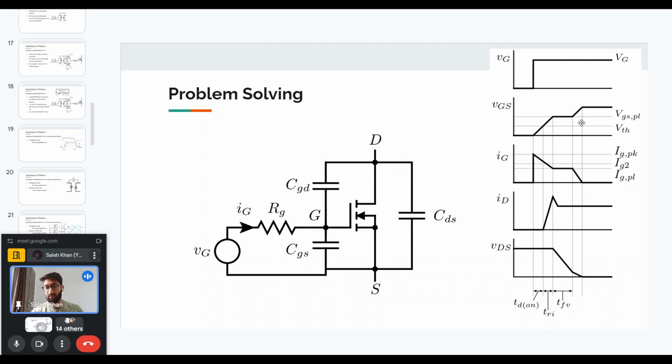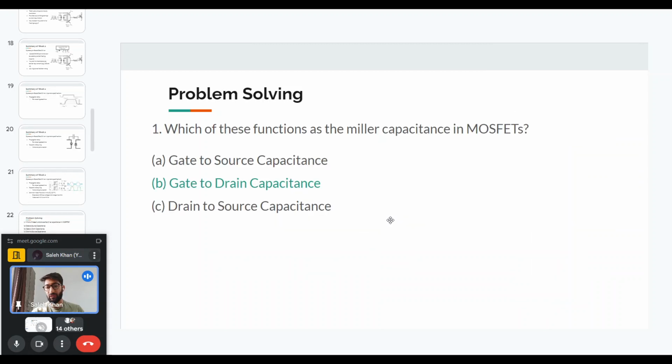So during the Miller region, the CGD capacitance is the one getting discharged. That is why this is called the Miller capacitance. Thereafter, the CGS capacitance gets charged again. After the Miller region is over, VGS again starts to rise. So the answer to the first question is the gate to drain capacitance, which is the CGD capacitance. That is the Miller capacitance in MOSFETs.